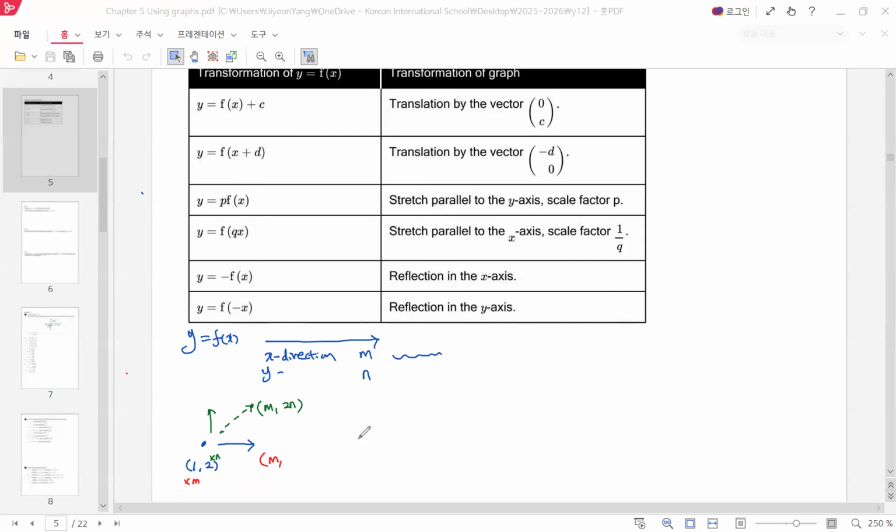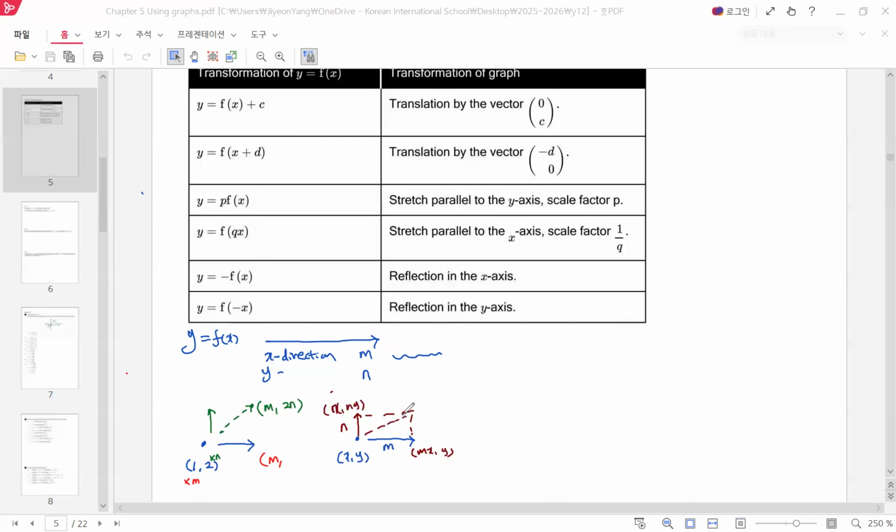Again, if there is a coordinate (x, y), if I stretch it with the scale factor m in the x direction, and with a scale factor n in the y direction, it's going to be mx, ny.